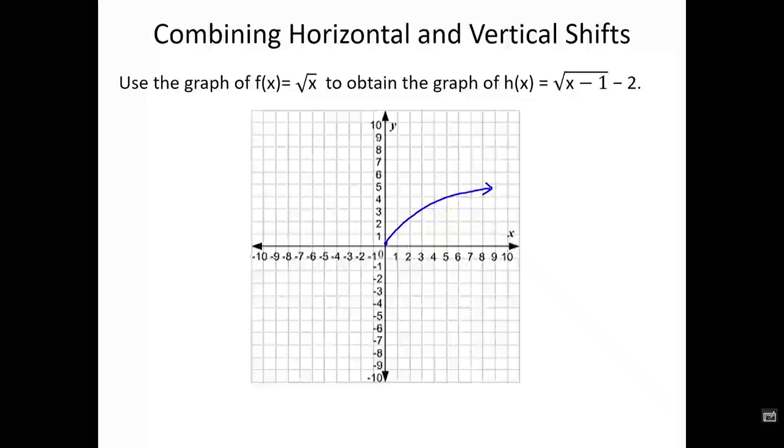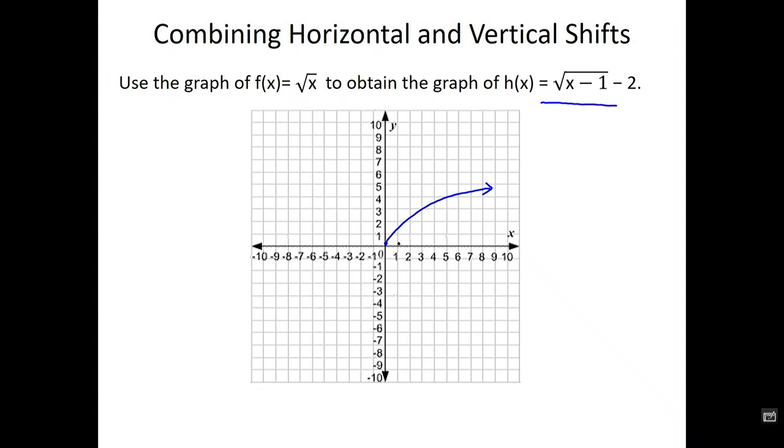In h of x, it says x minus c. Again, c is 1, so that's going to be a horizontal shift 1 unit to the right. All right, here it is.